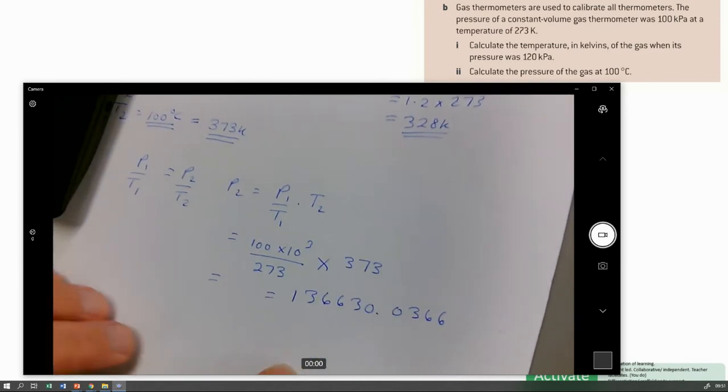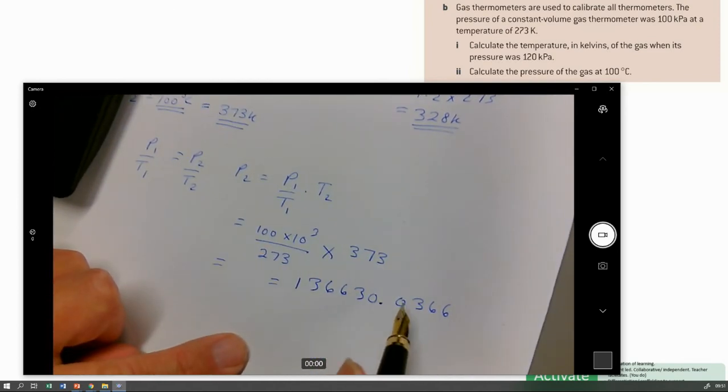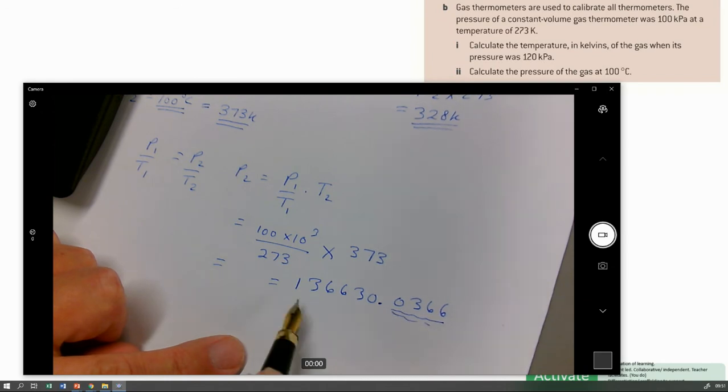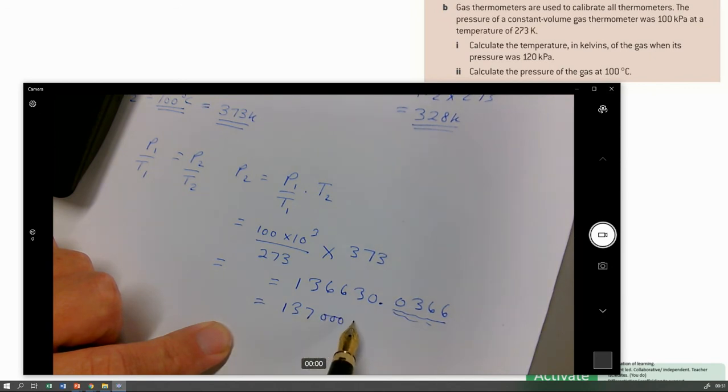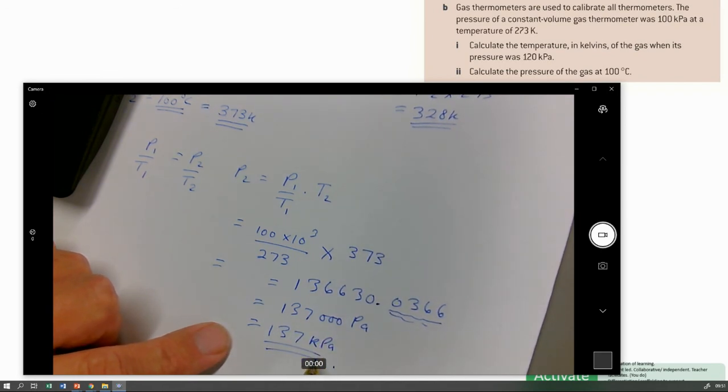Now let's be realistic here. This is all sort of beer mat physics, as I used to call it, back of the envelope calculations. I'm going to round this to something sensible. Let's call it 137,000 pascals or 137 kilopascals.